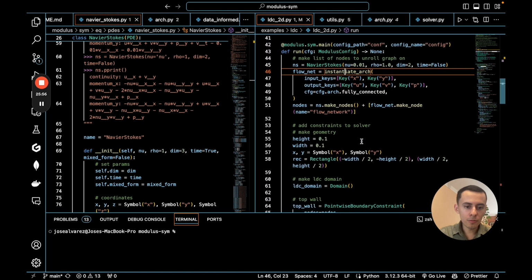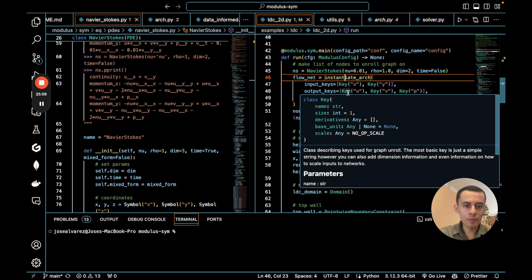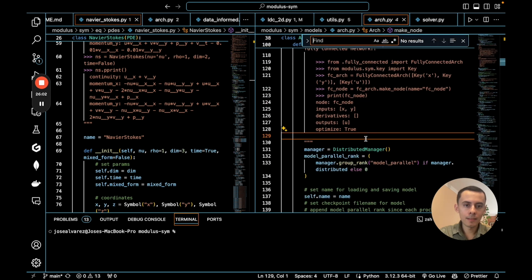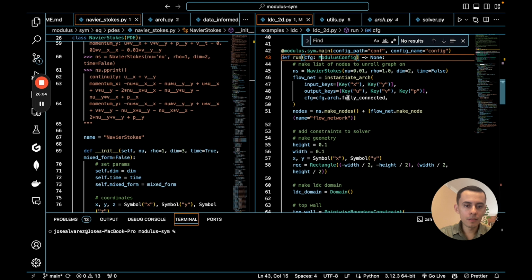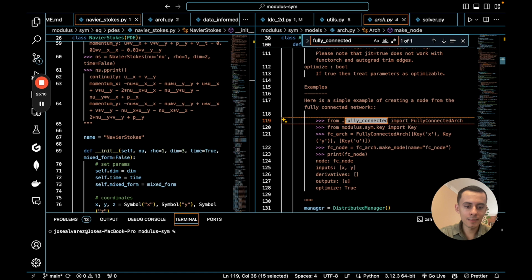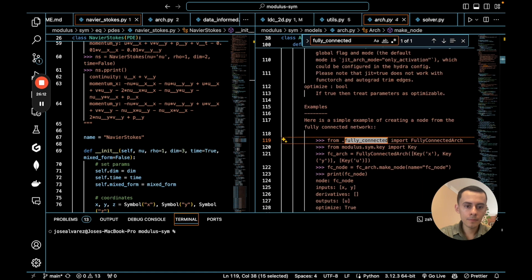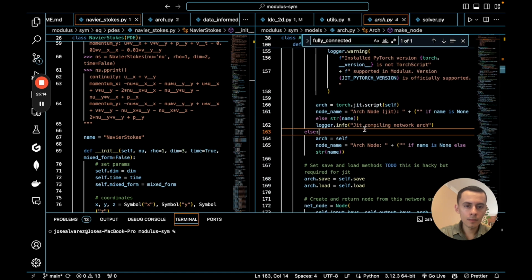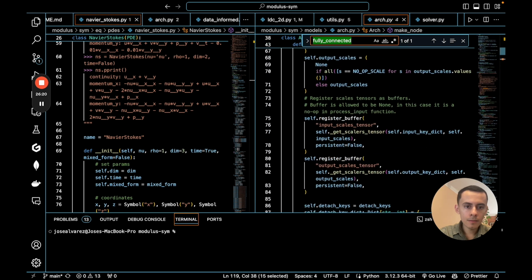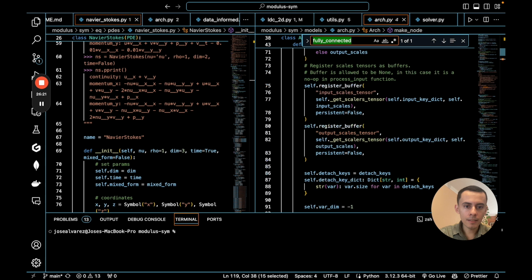Or in VS Code, we can more easily say, for example, we do fully connected. What is that here? And we figure that fully connected is, yeah, it's here, fully connected architecture.